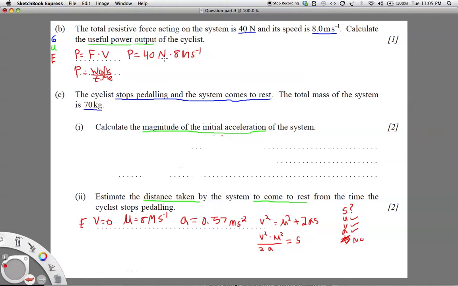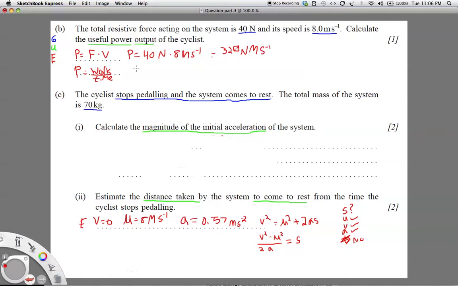And work is a newton meter, force times distance. If I take 40 newtons and multiply by 8 meters per second, I end up with 320 newton meters per second.